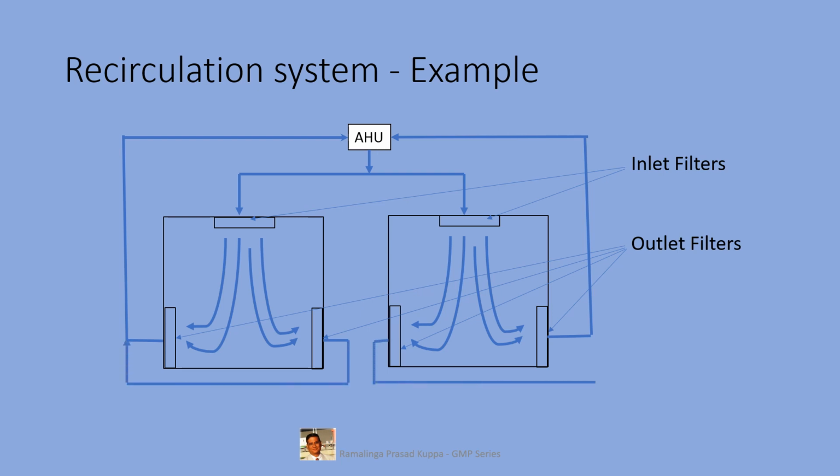In this design, some amount of fresh air is also taken into the air handling unit. The HEPA filter may be within the air handling unit or in the terminal, depending upon the risk of contamination of the product.